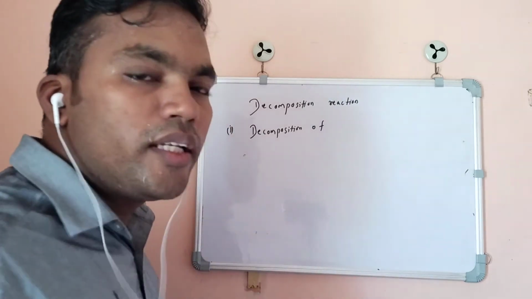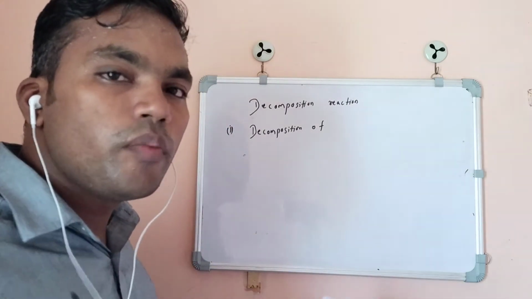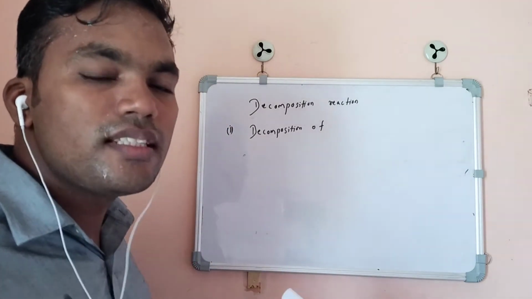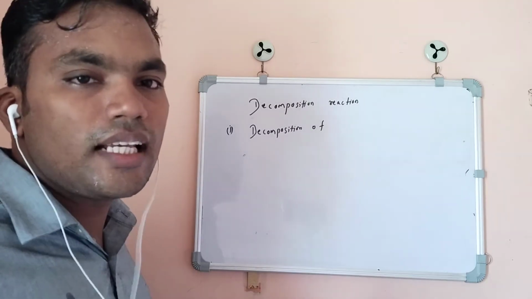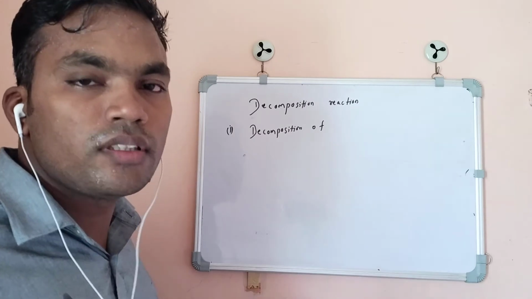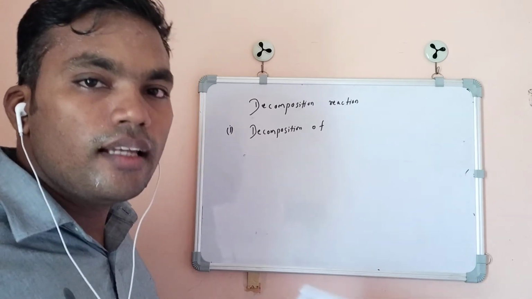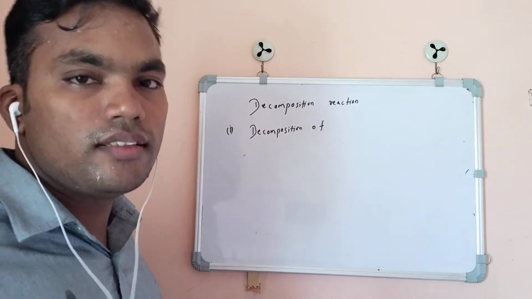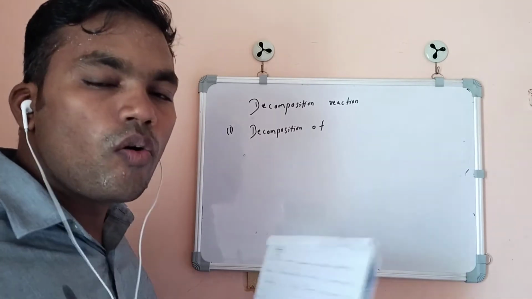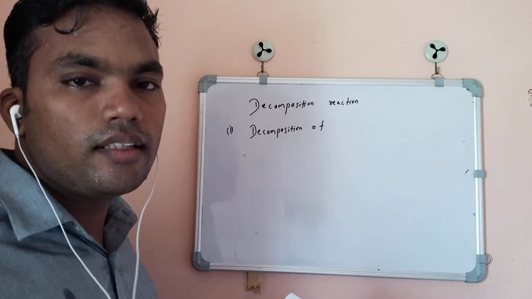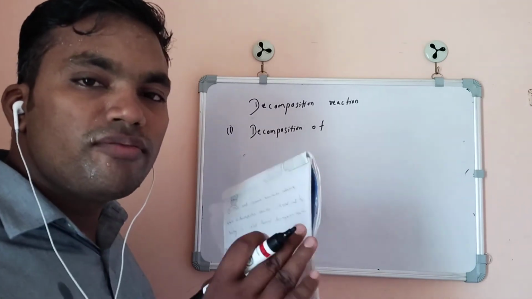Why am I giving multiple examples? You need to remember those examples, or you can perform this experiment if you have the resources in your schools. Then you can observe the changes happening during the reactions and correlate the experiment with your theoretical data, so you may not forget it.